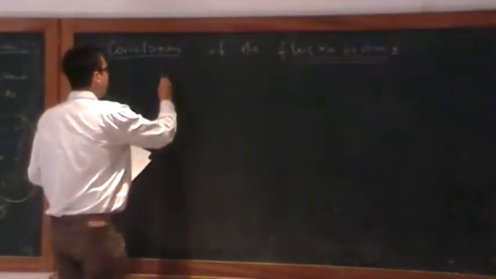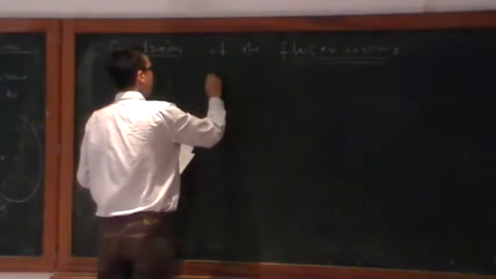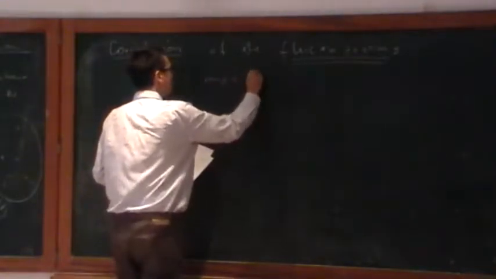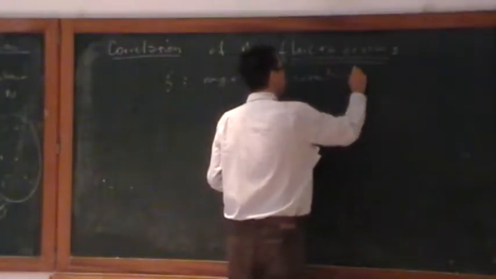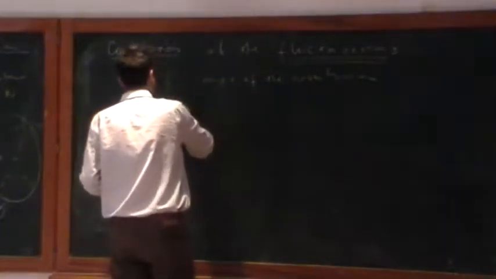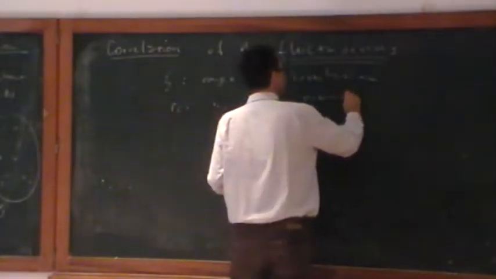So let's call psi the range of the correlation, and RC the range of the interaction.